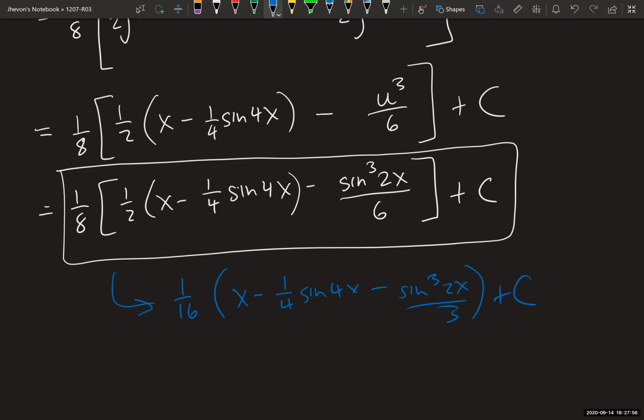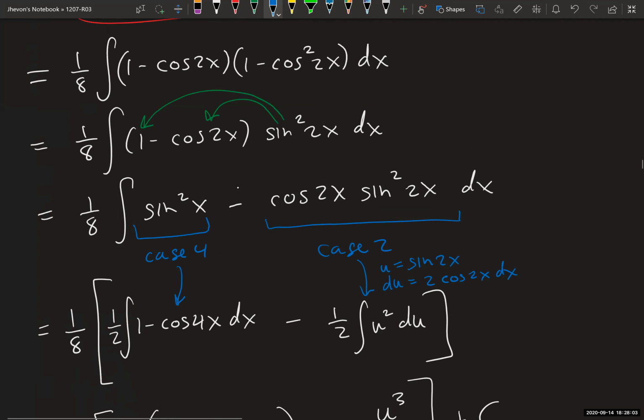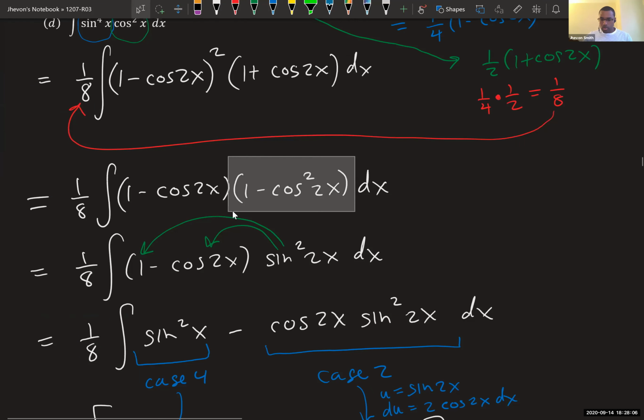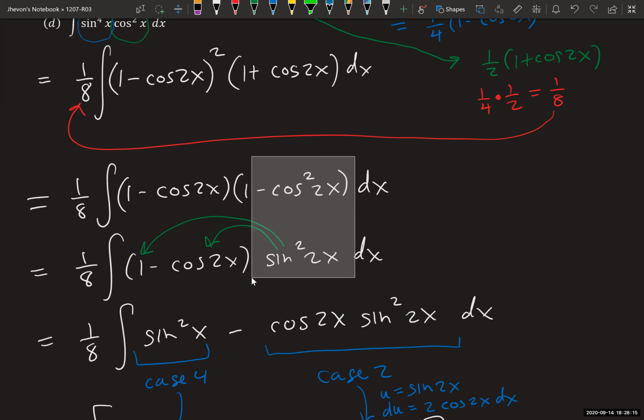So for the part where we have the 1 minus cosine squared 2x, and we change that to sine squared 2x, for the coefficient at the beginning, it's supposed to be 1/2? I'm just confused because when you do the double angle, it has a 1/2 times 1 minus cosine squared 2x. So are we supposed to take that from outside of the integral?